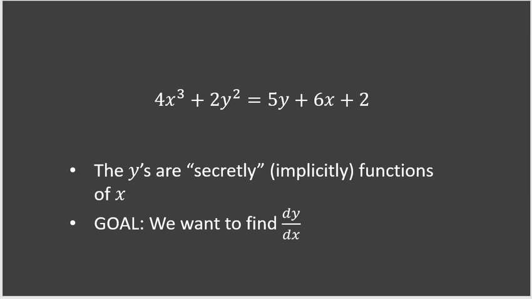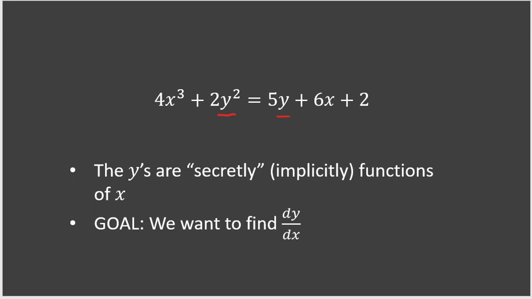So we have a sample problem here. We see that this equation contains both x's and y's, and also varying powers of y's. We have a y squared on the left-hand side, a y on the right-hand side, and then varying powers of x on the left and right-hand sides as well.